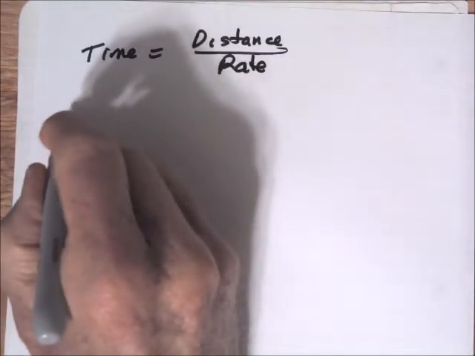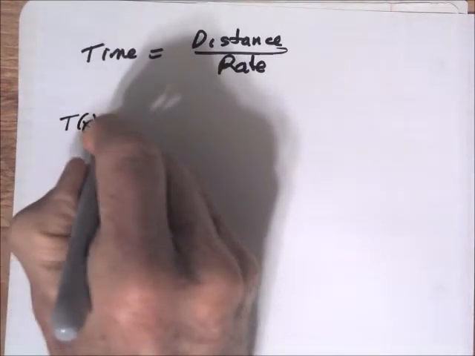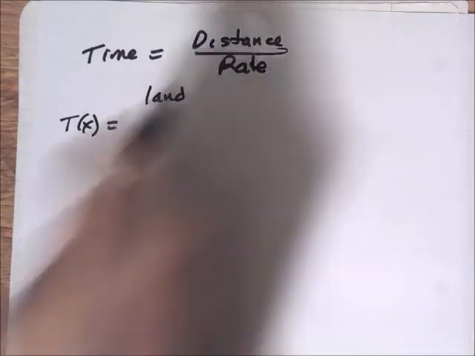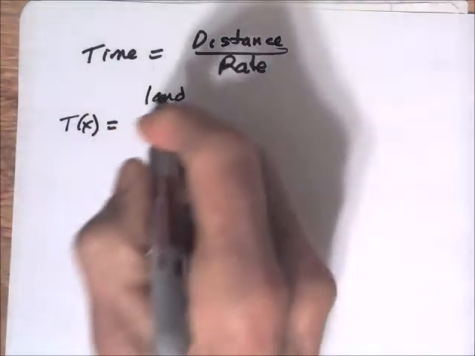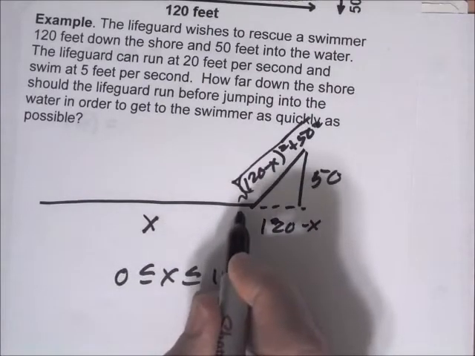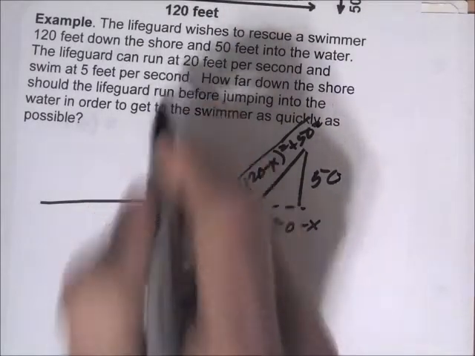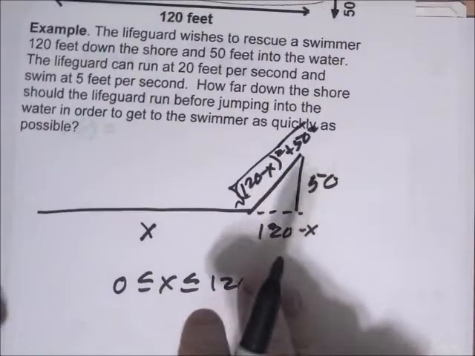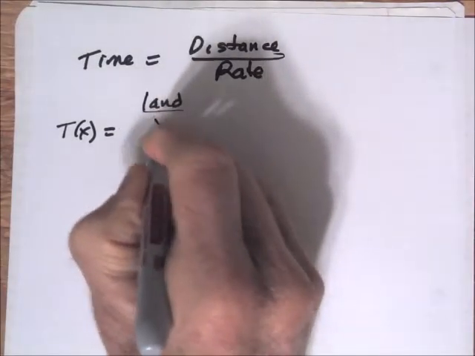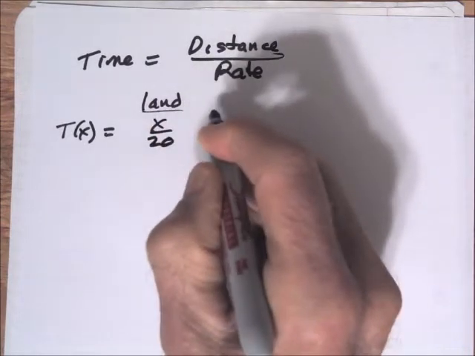So T of x, the land portion, is whatever distance the lifeguard runs divided by the rate along the land. So the land portion is x over 20.